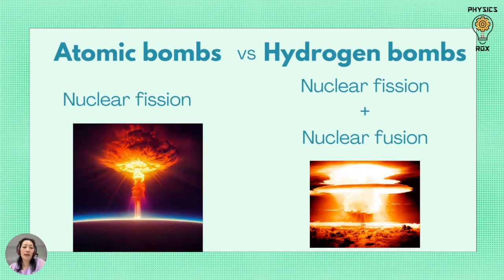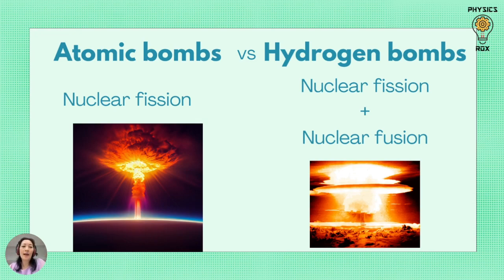So just a quick comparison here in case some of you are curious. I know some of you are really interested in bombs. So if you'd like to find out more, please do your own research, not to make your own bomb, just to find out how they work, okay? Educational purposes. So for your information, what we call atomic bombs are based on a nuclear reaction, right?